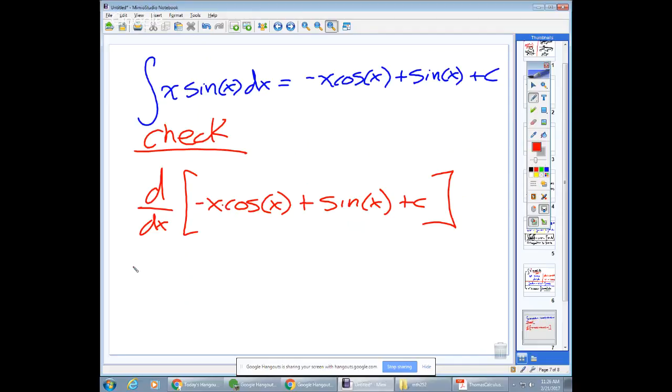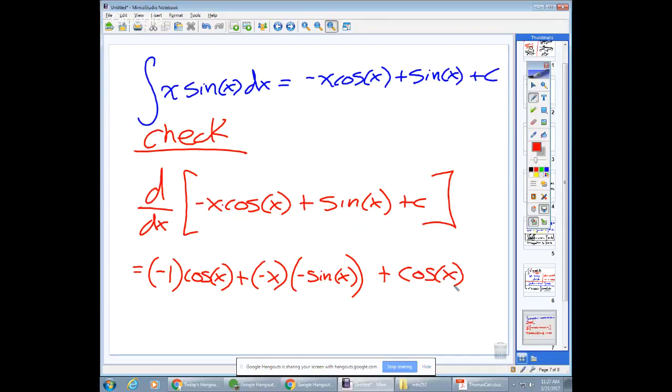And so that's going to give me, let's see, the derivative of negative x is -1 times the cosine, plus, leave the negative x alone, derivative of cosine is negative sine. I'm being careful with parentheses and signs. Plus the derivative of the sine is cosine, and derivative of c is 0, right?